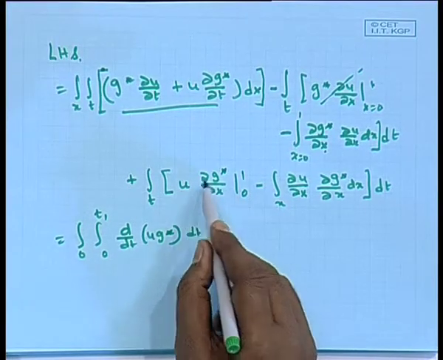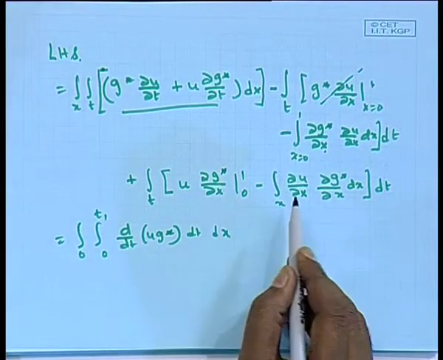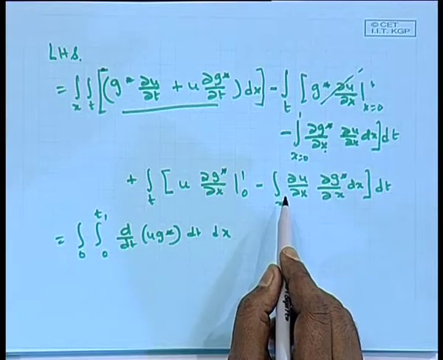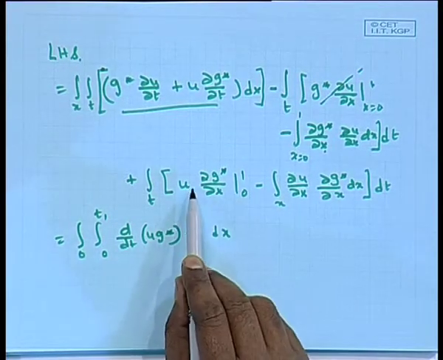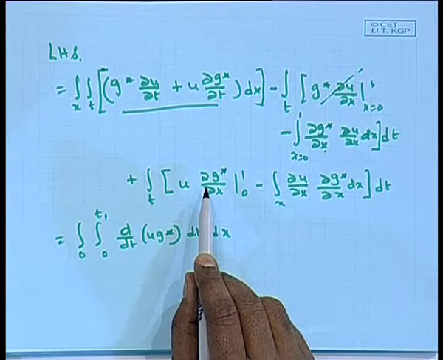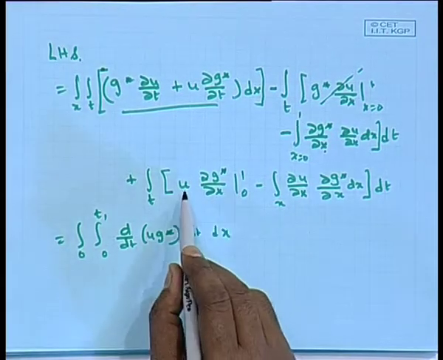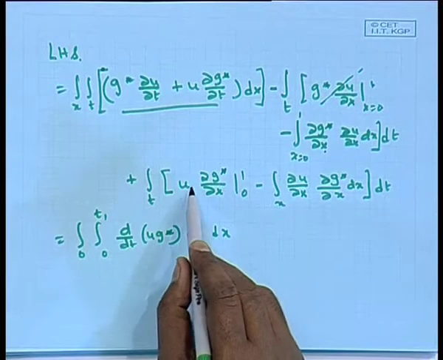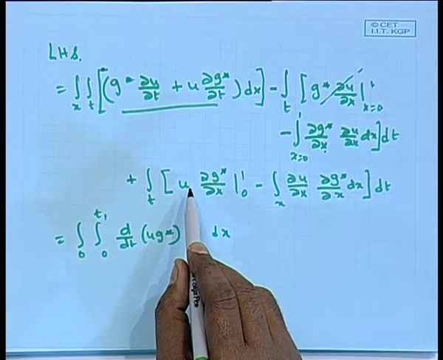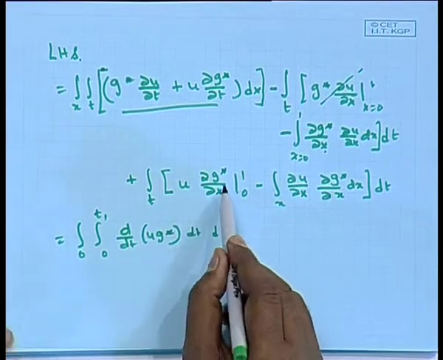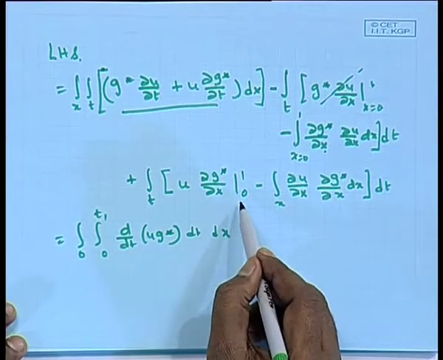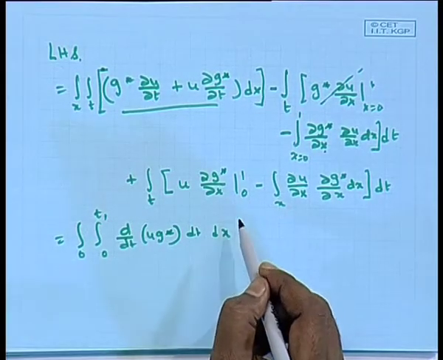So, there will be a term remaining over here, minus at x equal to 0, u is equal to some value given because it is a non-homogeneous boundary condition, a q or something. So, at 1, u is equal to p, at 0 it was q, fine. So, q times del G star/del x evaluated at x equal to 0. So, you can get that.